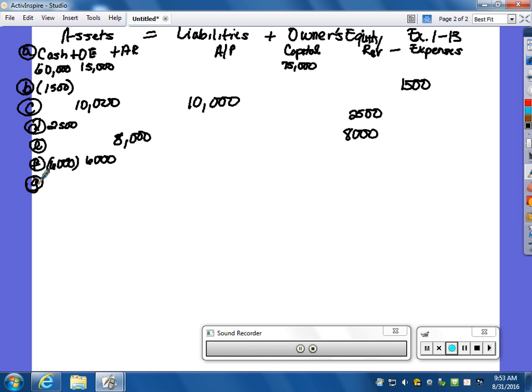G. The company paid an assistant $3,000 cash as wages for the month. Cash decreases by 3,000. Expenses increase by 3,000, and expenses, which would be wage expense, increases by 3,000.